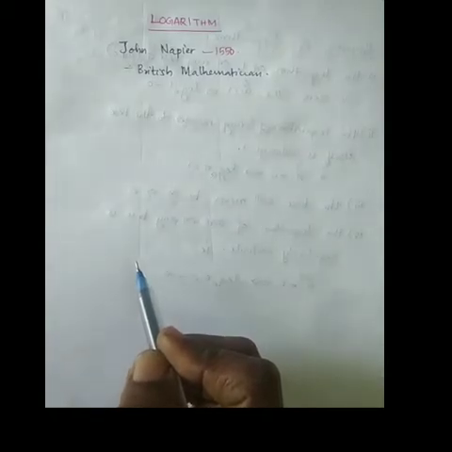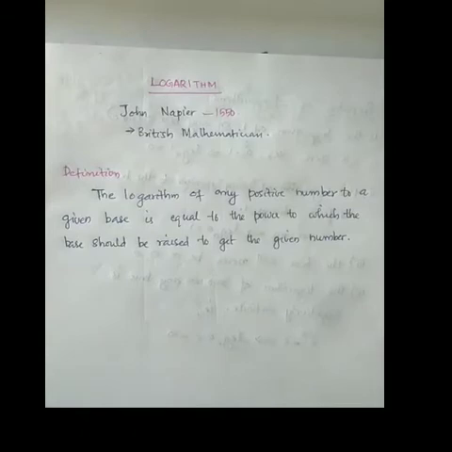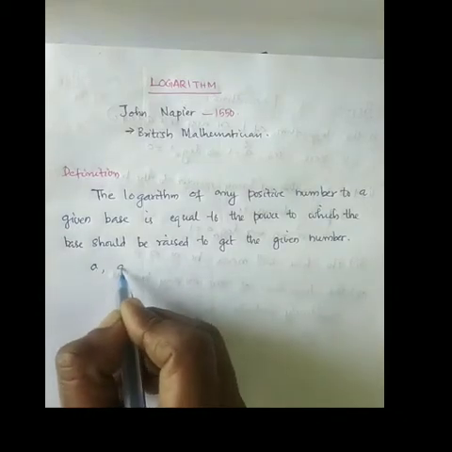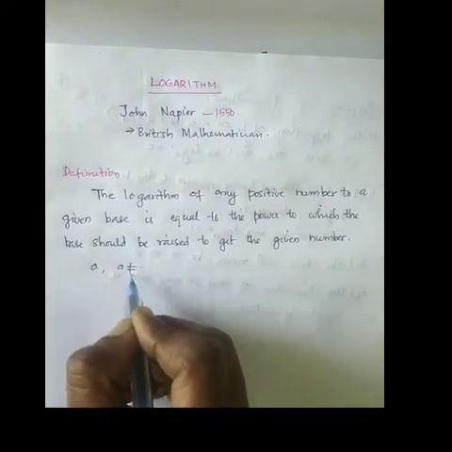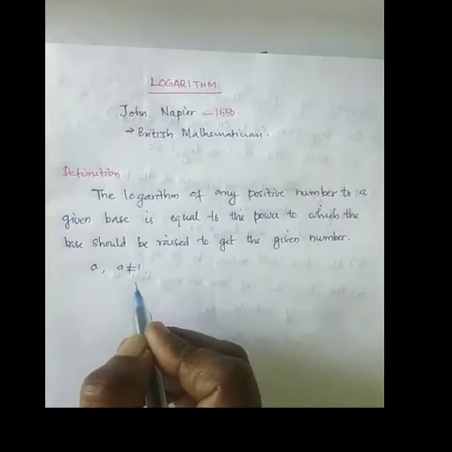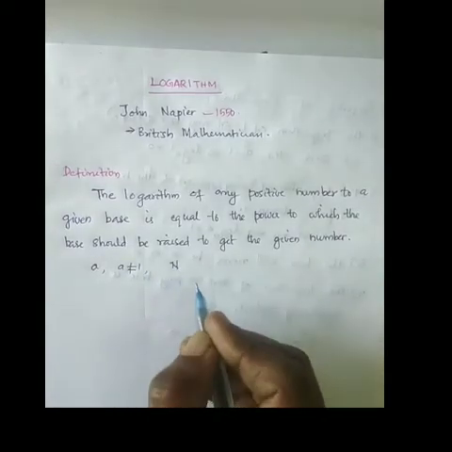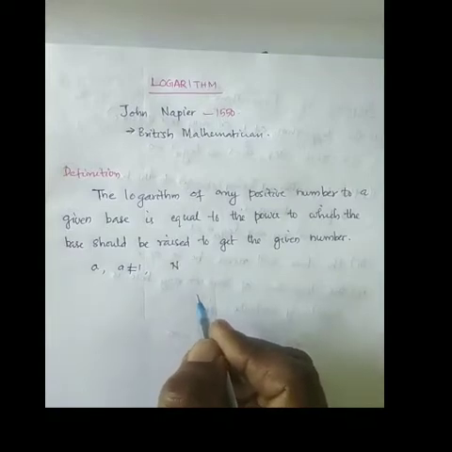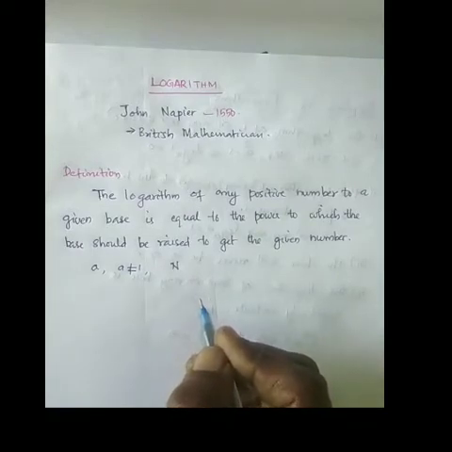Now let's see the definition of logarithm. The logarithm of any positive number to a given base is equal to the power to which the base should be raised to get the given number. If there be a positive number a, and a not equal to 1, then the logarithm of a number n to the base a is the power to which a must be raised in order to be equal to the number.